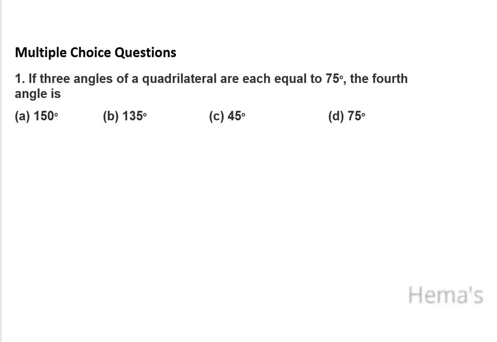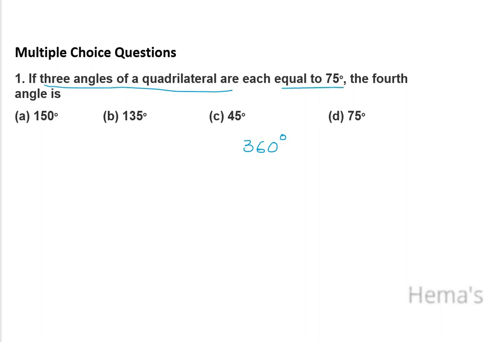Question 1. If three angles of a quadrilateral are each equal to 75 degrees, the fourth angle is? We know that the sum of all the interior angles of a quadrilateral is equal to 360 degrees, right? Now in this it is given that three angles of the quadrilateral are each equal to 75 degrees.